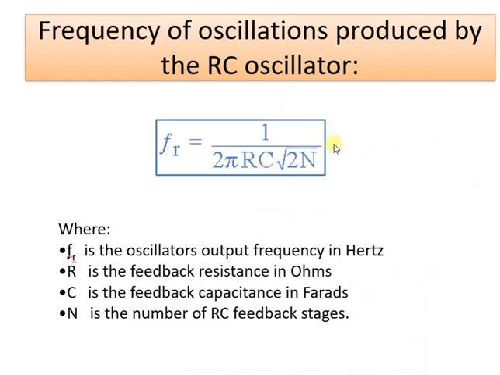So using the basic RC circuit analysis technique, we compute the frequency of oscillations produced by the RC oscillator to be equal to 1 by 2 pi RC into square root of 2 into n, where n corresponds to the number of RC feedback stages.